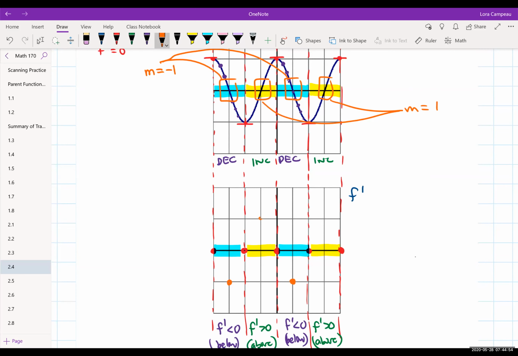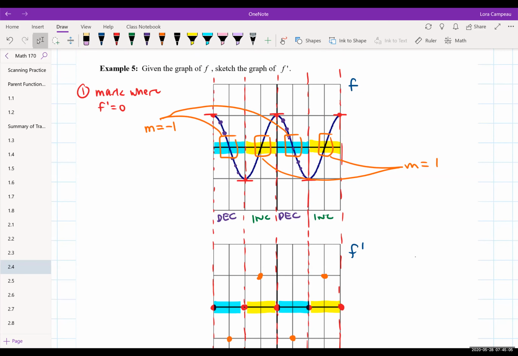And then I have a +1 in the regions where the derivative is positive. That has to do with the slope of the tangent lines at that point. If you zoom in really close, it does look like a line.